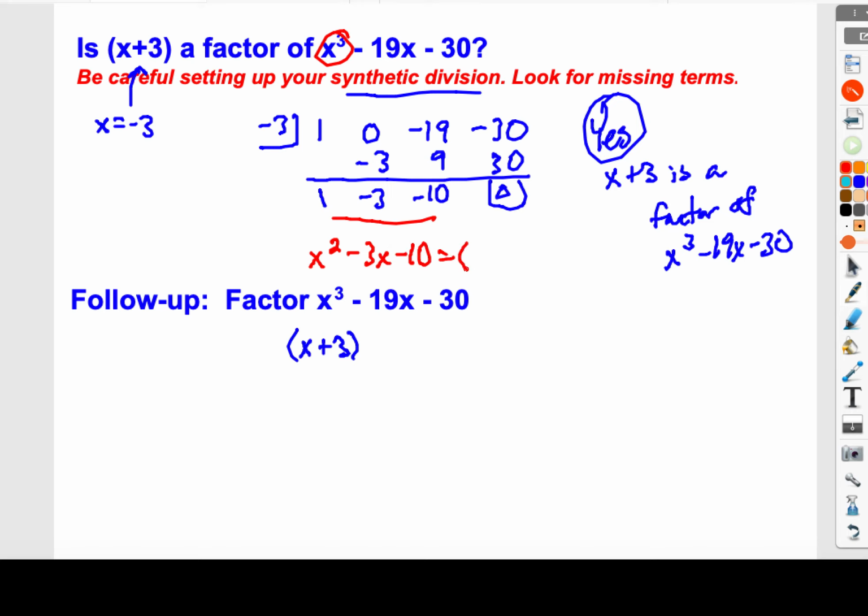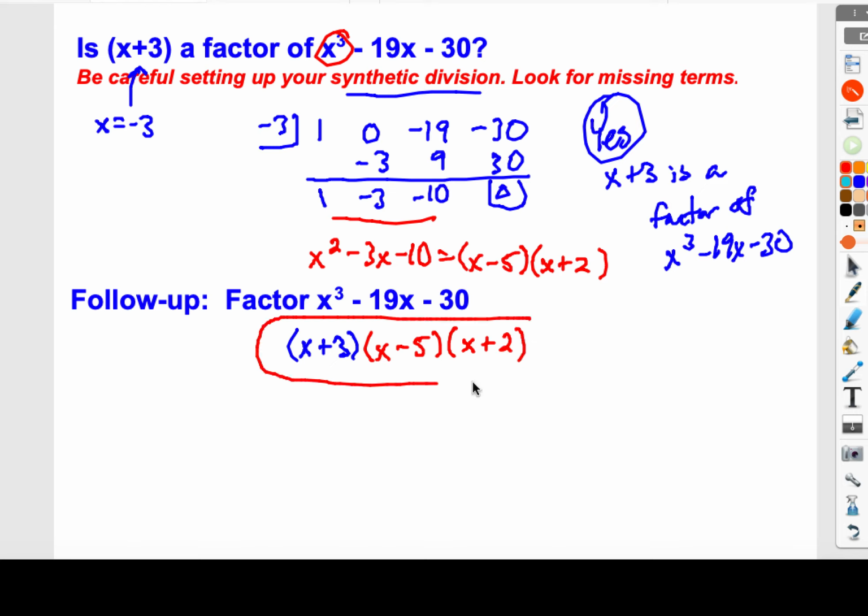And if we think about it, what would multiply to -10 and add to -3? Well, I would say -5 and +2 sound pretty good. So I can just factor the good old-fashioned way there and take the rest of that quadratic apart, and we just factored that cubic problem.